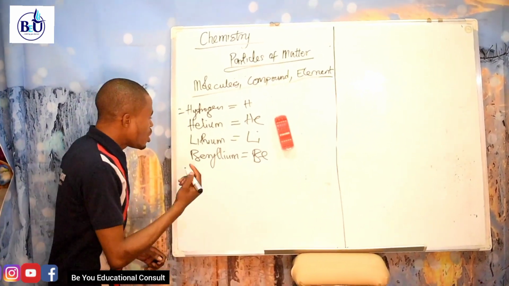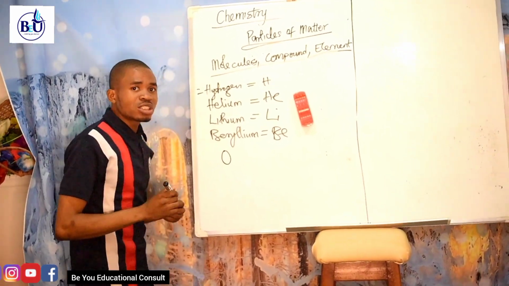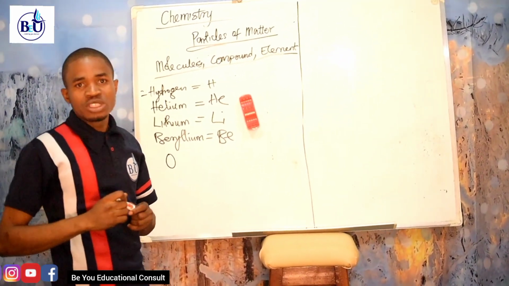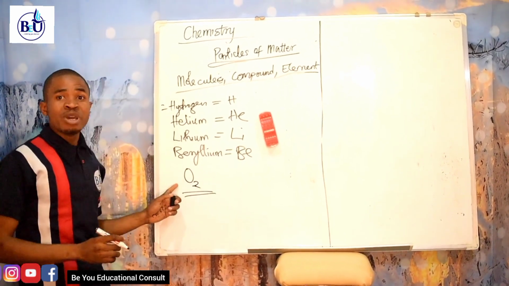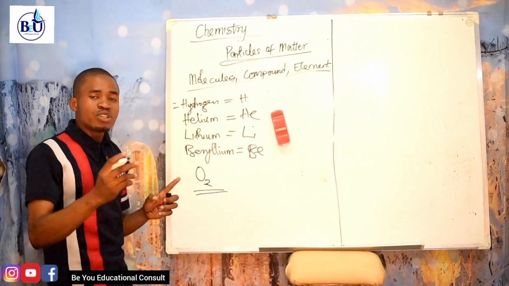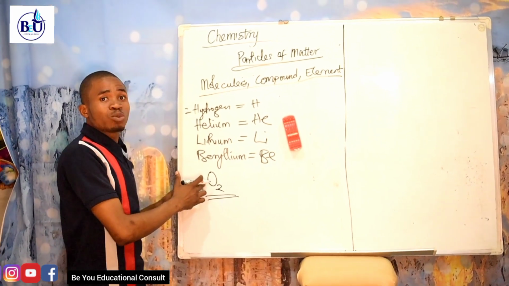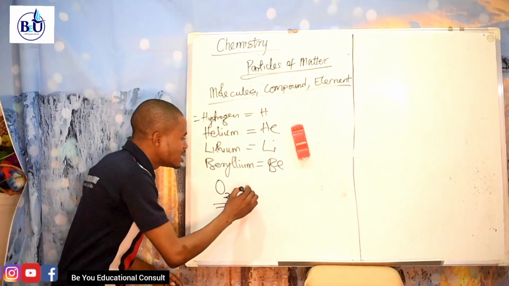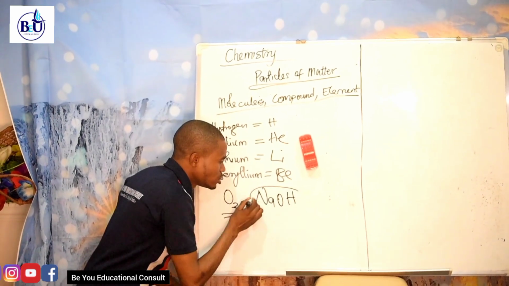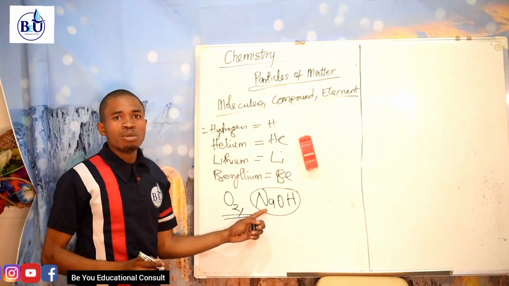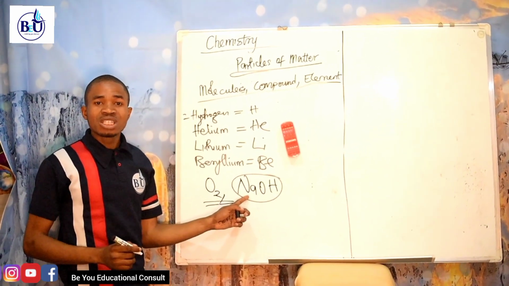For example, we have oxygen. Oxygen does not exist as one atom. It exists as a molecule in natural existence. Having two oxygens combining together has made this a molecule. You can also say that this is a molecule: sodium hydroxide.